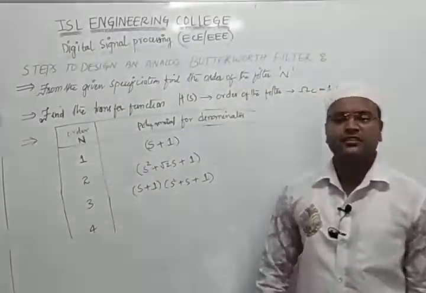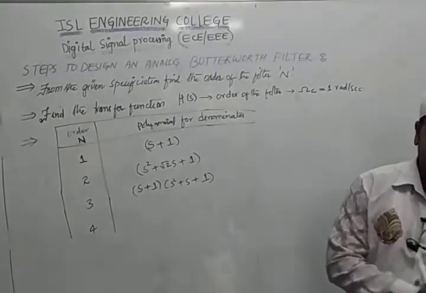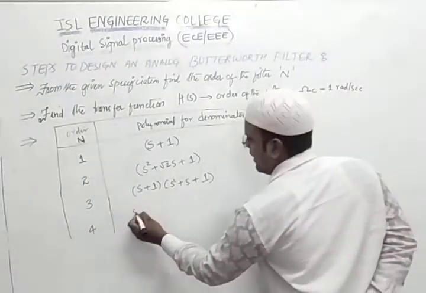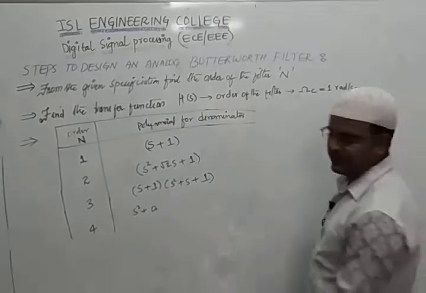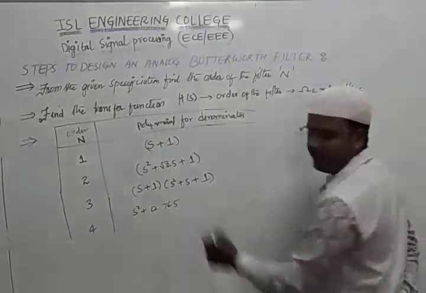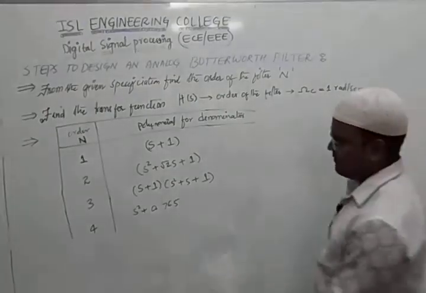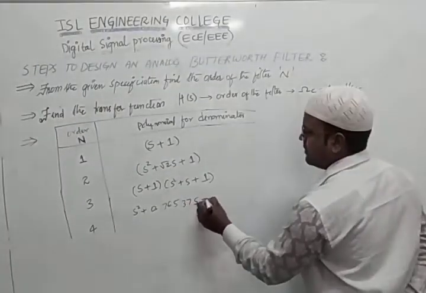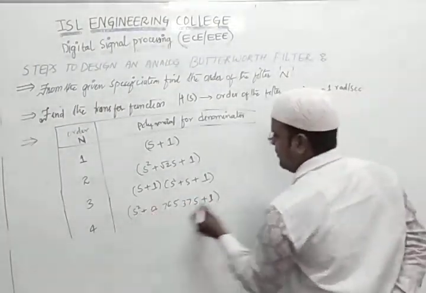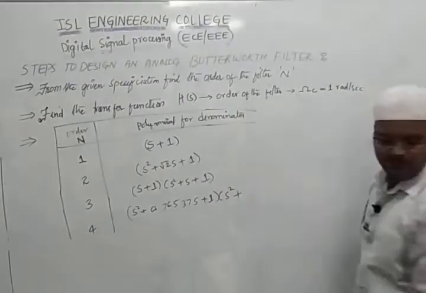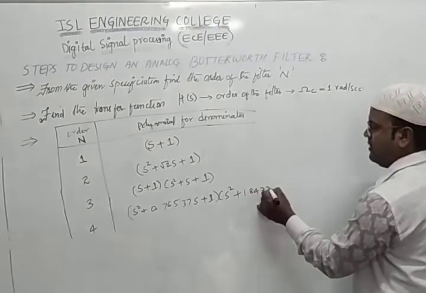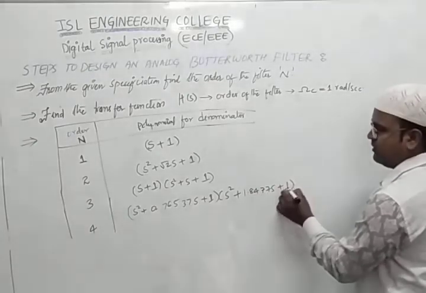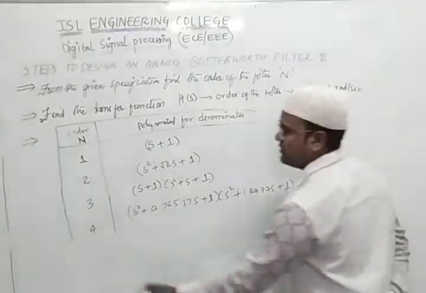Next, if n is equal to 4, there are constant values. The polynomial is s square plus 0.76537 s plus 1 into s square plus 1.8477 s plus 1. Likewise, we have more values.